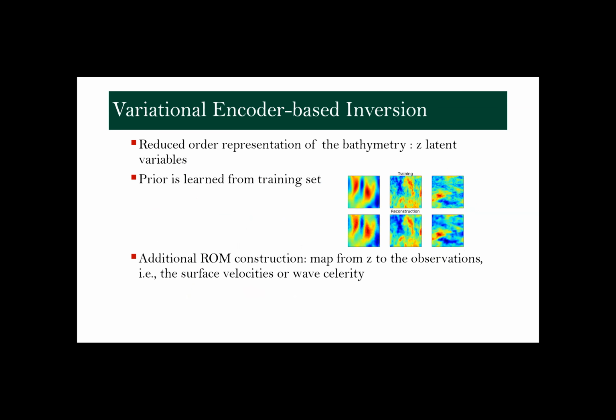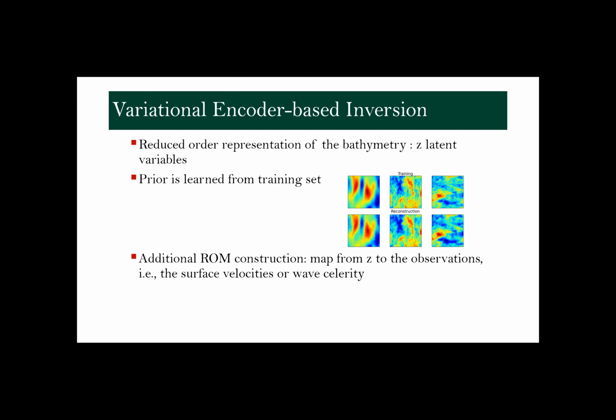This kind of encoder-based inversion approach is quite useful, so that you can encode any kind of realizations and numerical models. Here, as an example, you can use different Gaussian processes with anisotropy and regularity or smoothness, from Gaussian to exponential or any kind of mathematical model with different parameters. You can learn this with just one set of encoder.